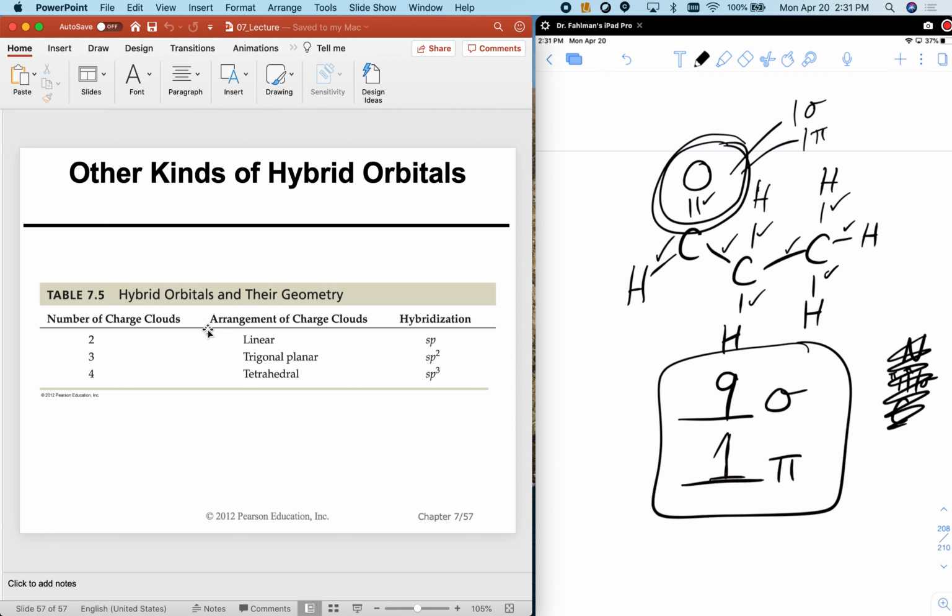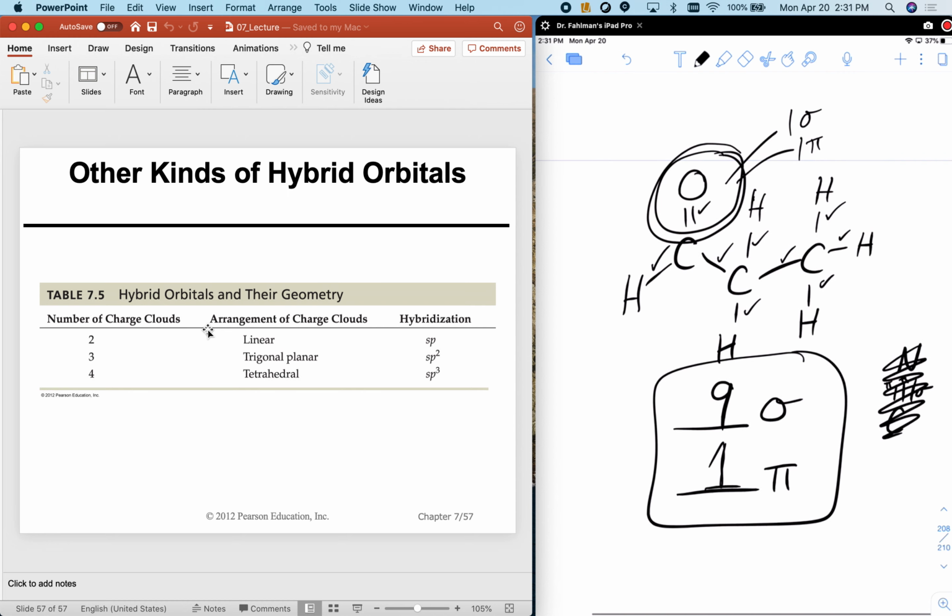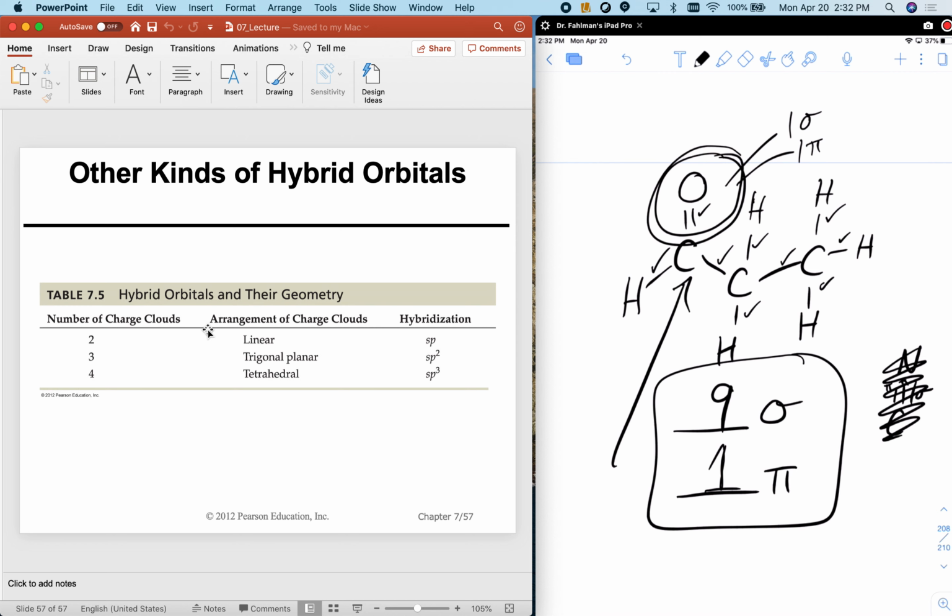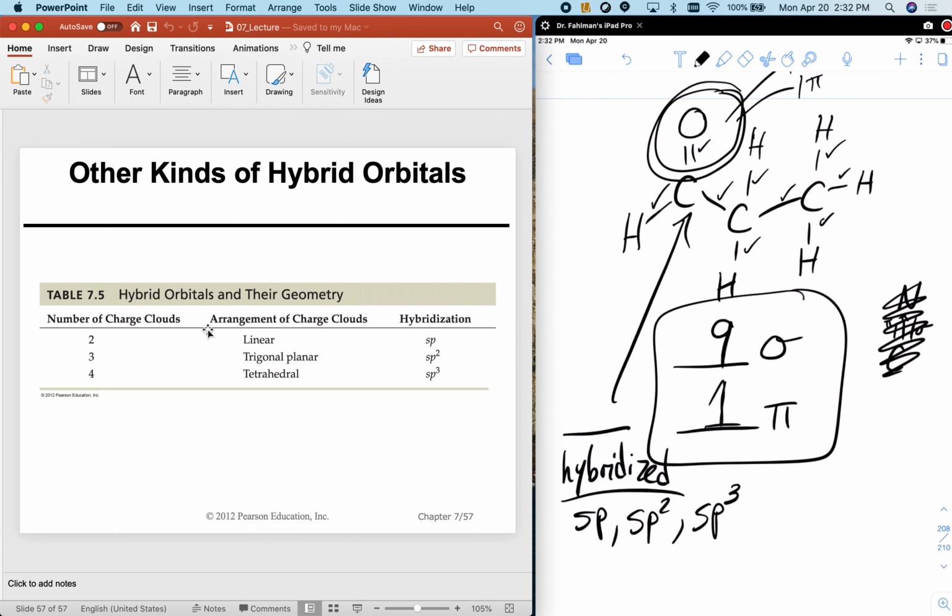That's it. The other question would be, for this carbon, what is its hybridization? What type of orbital is it? Is it an sp, sp2, or sp3? Here's the easy way to remember that: whatever number this is, just look at how many atoms it's bonded to, and it will always be one more than what this number indicates.